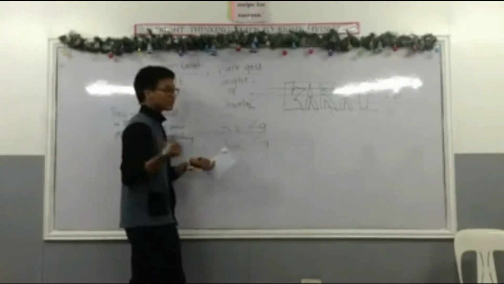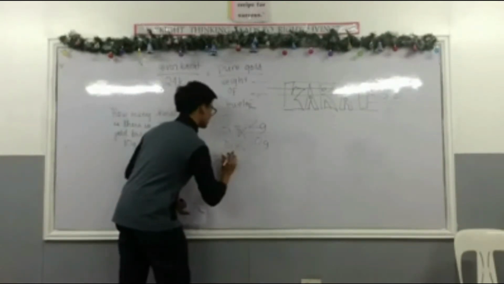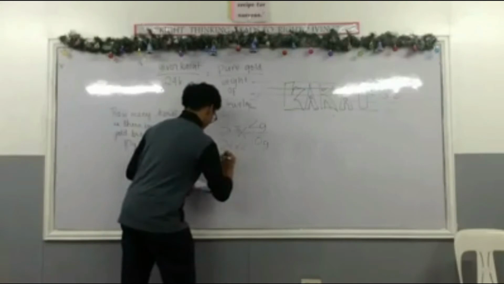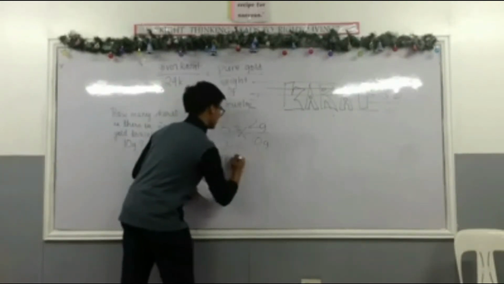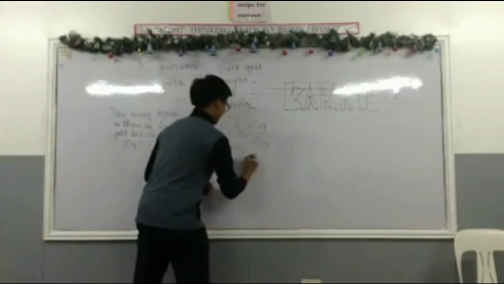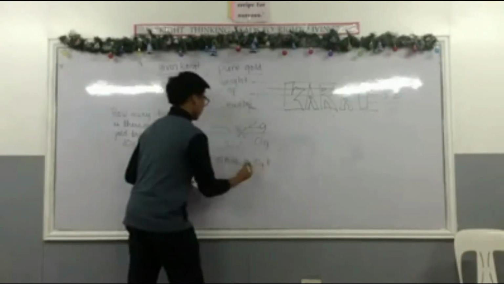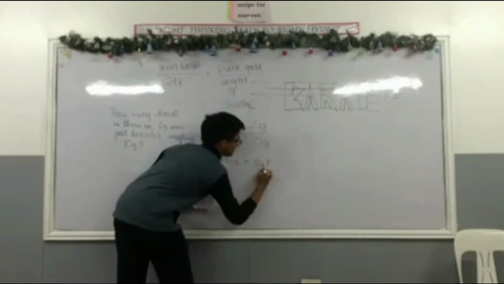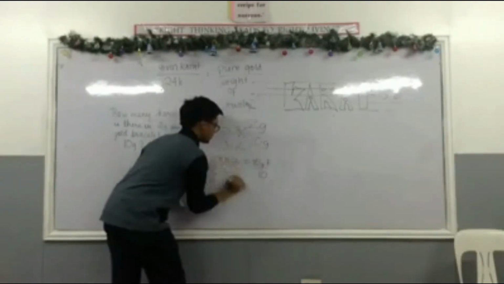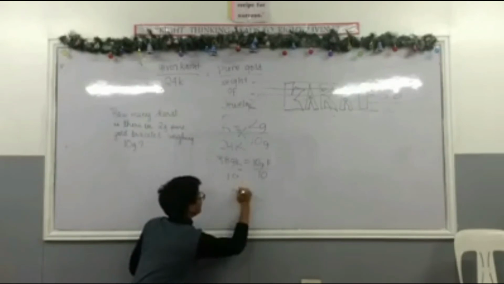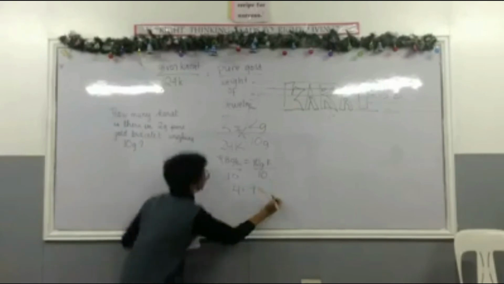As usual, we just cross multiply: 24 times 2 is equal to 48 grams carat, which equals carat times 10 grams. How do we eliminate this? Just divide by 10 on both sides, and then it will be 4.89 carat.